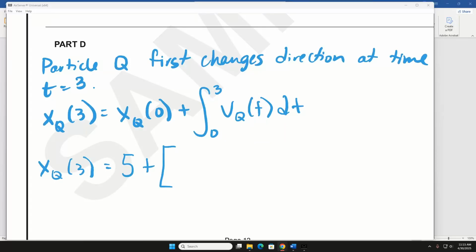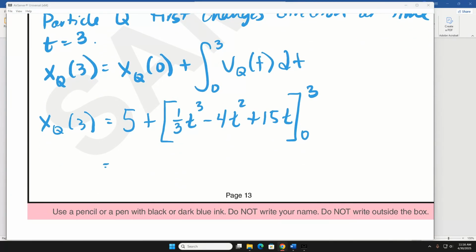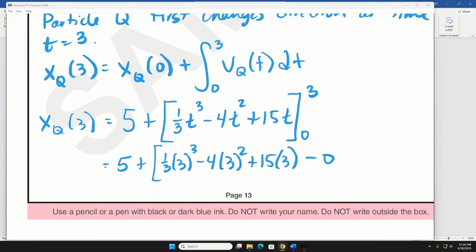All right, and so it is that polynomial function that we're just going to find the antiderivative of, and then we're just going to plug in and we are going to stop. I think it's probably okay if you don't do the minus 0.